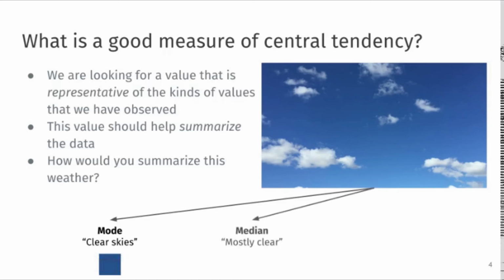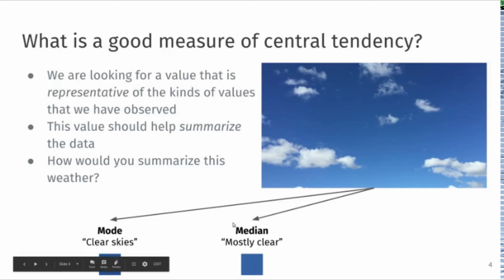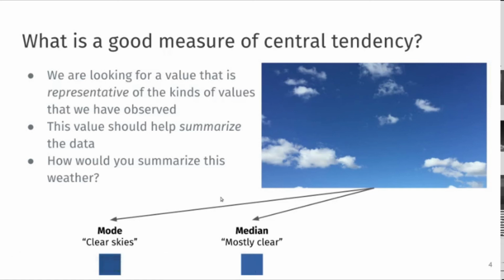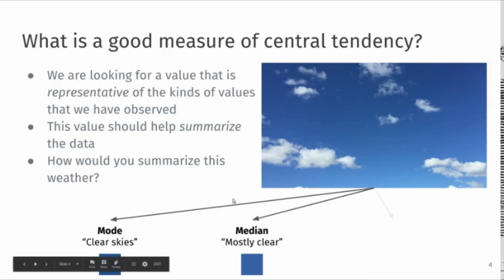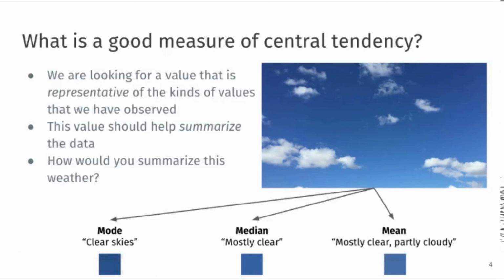If you're the median, you could say, well, it's mostly clear. So the median value is still fairly blue, maybe a little more faded out, but at least tells you that most of the sky, in other words, the stuff that's less blue than this, is pretty clear. And if you're the mean, what we'll be talking about today, it actually tells you something a little bit more.